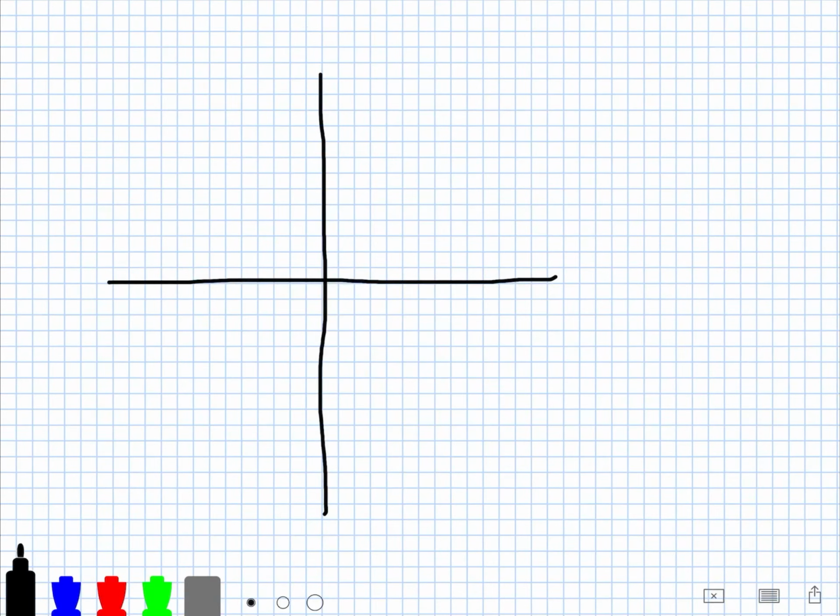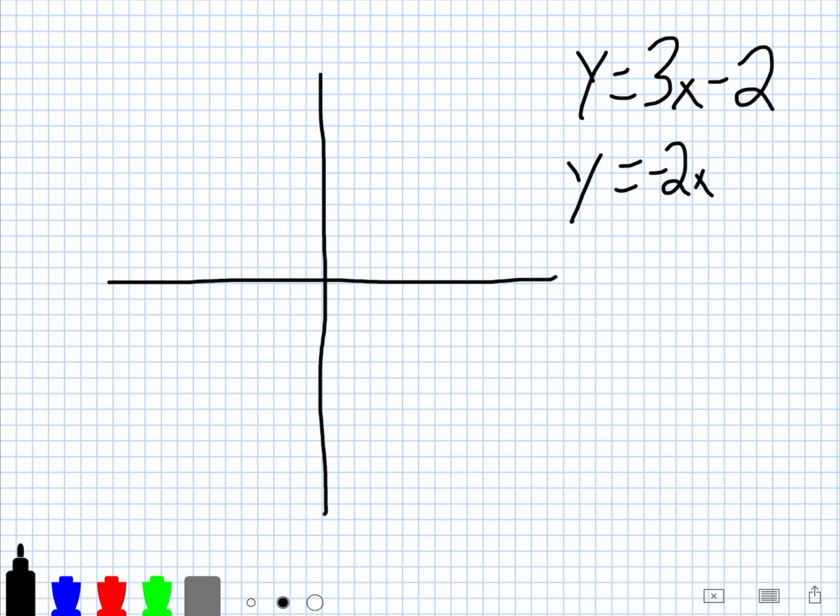You're going to be given two equations, and I do not know if these numbers are going to come out good or very poorly, so you're going to have to bear with me. Let me think in my head to figure one out. The first one will be y equals 3x minus 2. The second one will be y equals negative 2x plus 3. I think that'll come out well.